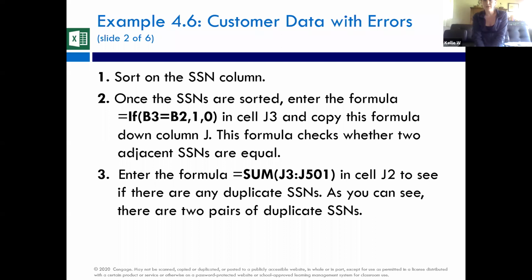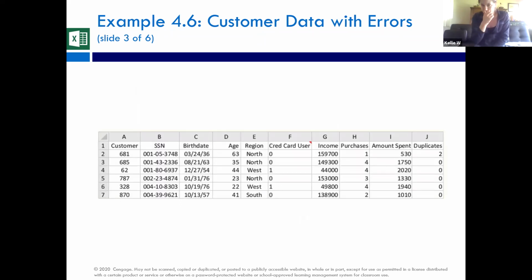And then we would pull that formula all the way down. It's basically just checking to see, because we sorted from largest to smallest, whether or not 2 of the adjacent social security numbers are equal. And then we could sum and see if we get a sum other than 0. And in the data file, there are, in this case, duplicates.